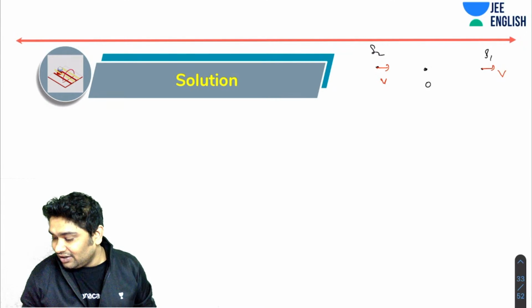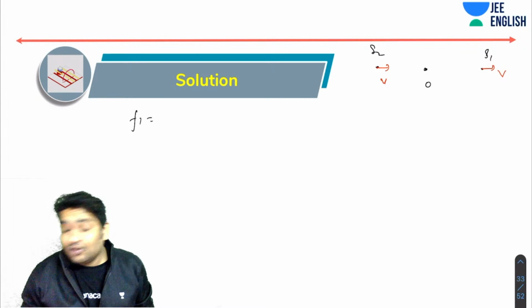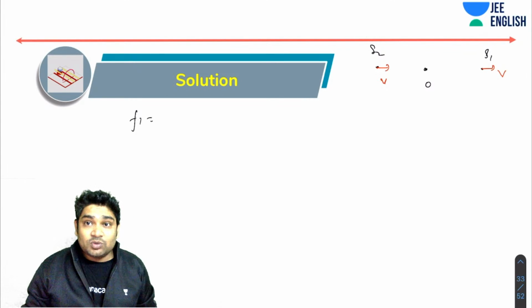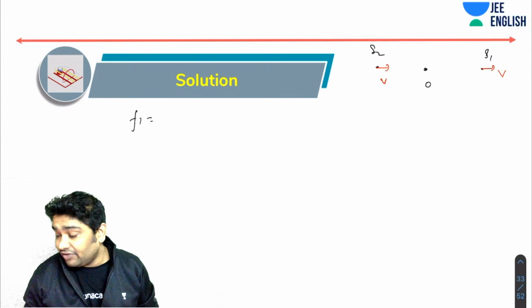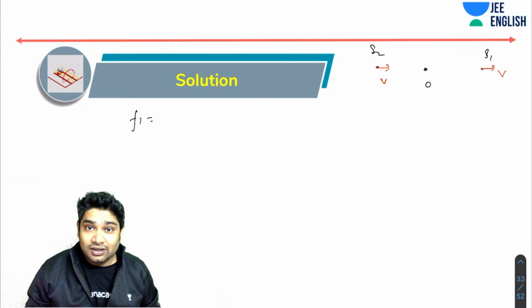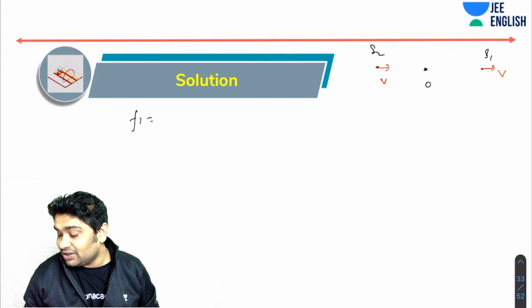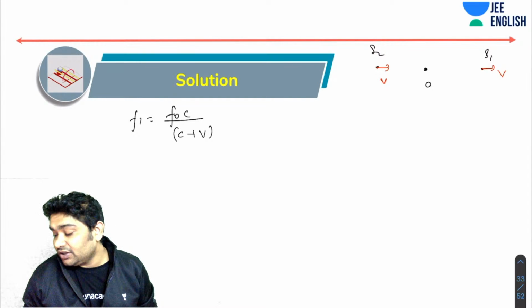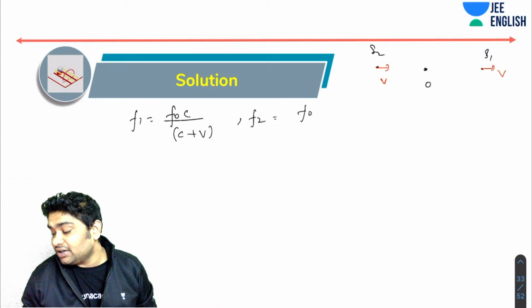Okay, so the frequency of the first source that our observer hears, F1, the source is moving away, so the frequency heard would be reduced. So that would be C F naught over C plus V, correct? Now, for the second source, frequency would be increased and he would hear something like this.